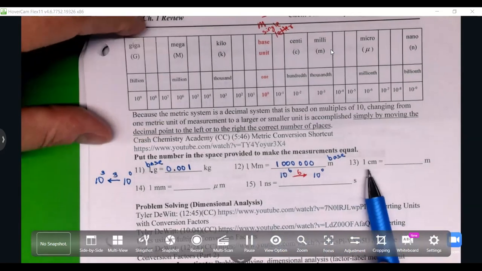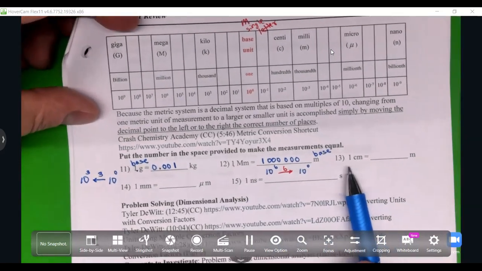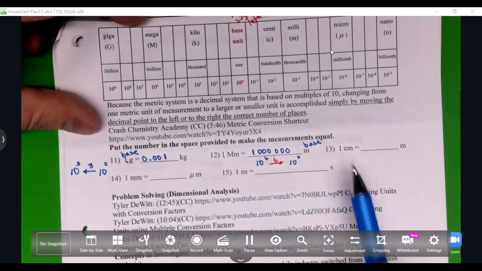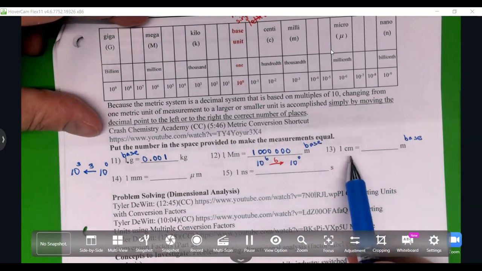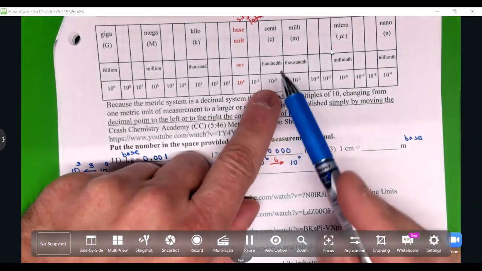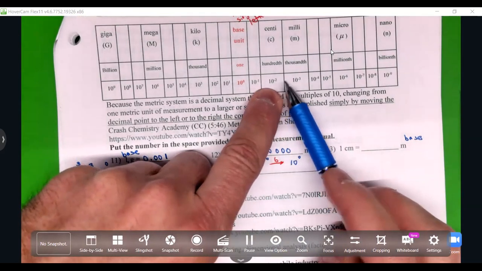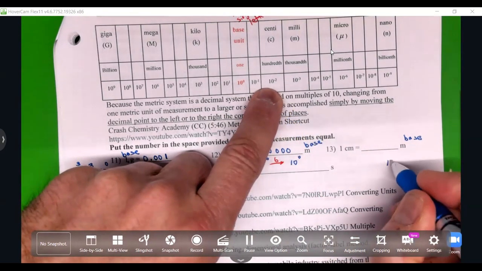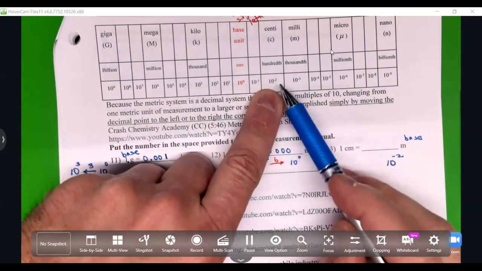Now here's one where students mess up a little bit. 1 centimeter. This is my base. I'm starting out right here at 10 to the minus 2, centi.